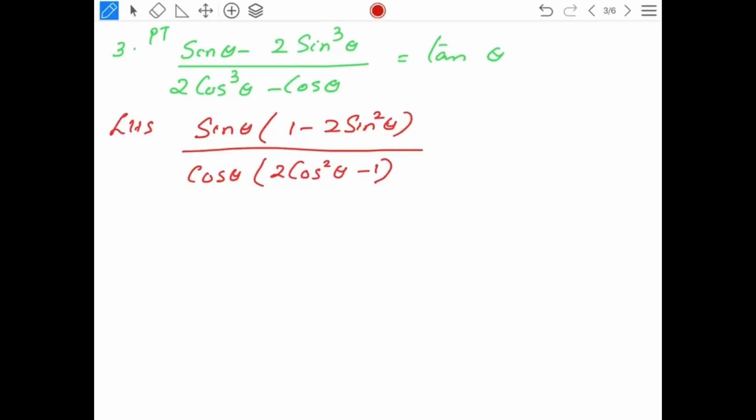Now 1 minus 2 sin square theta can be written as 1 minus sin square theta minus sin square theta. 1 minus sin square theta is cos square theta, so cos square theta minus sin square theta.